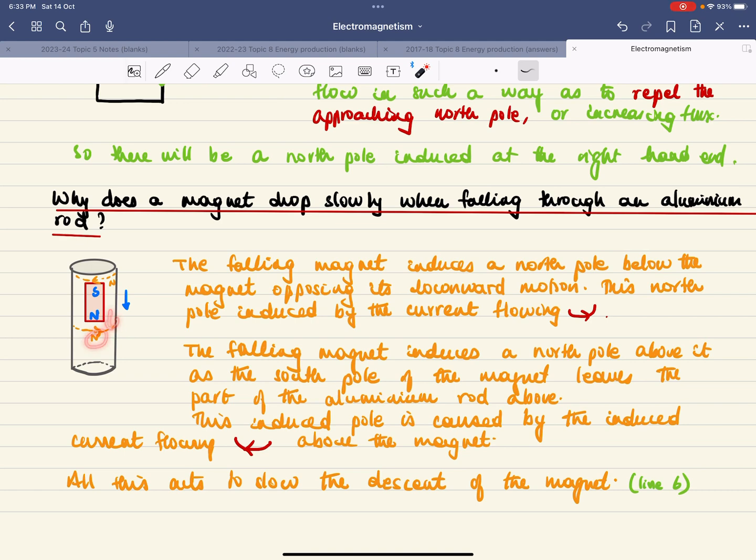So there will be a north pole here, and over here it looks like it's a south pole leaving the solenoid. So that's going to induce a north pole there trying to pull this back up, and so you have the current flowing in opposite directions above and below the falling magnet.